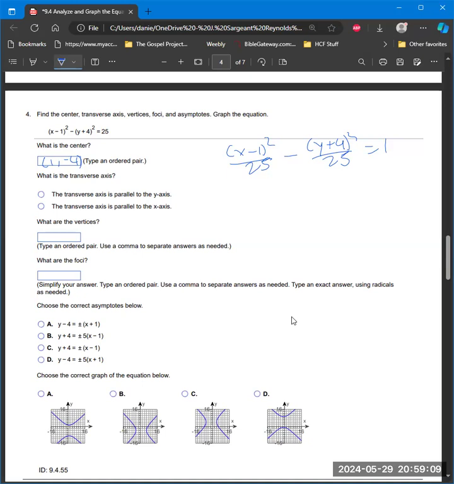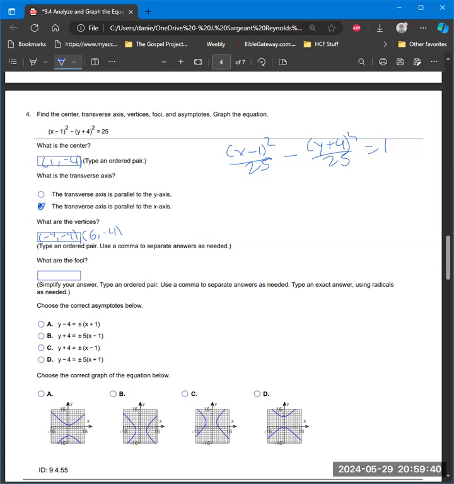Here, the transverse axis is going to be parallel to the x-axis, and the vertices are going to be based off of this number here, plus or minus 5 in the x direction from the center. So (−4, −4) and (6, −4).